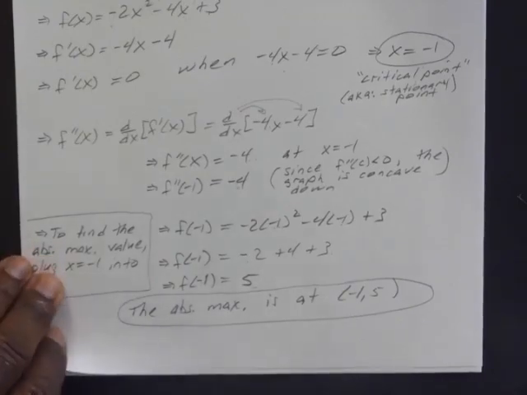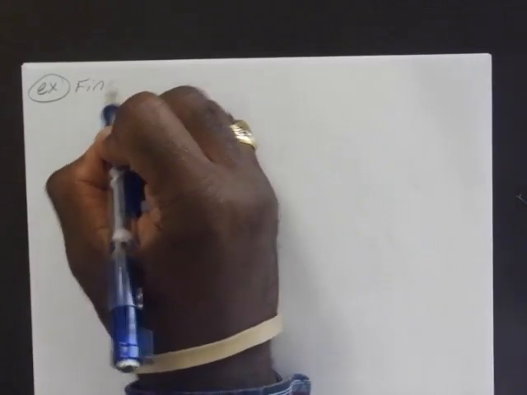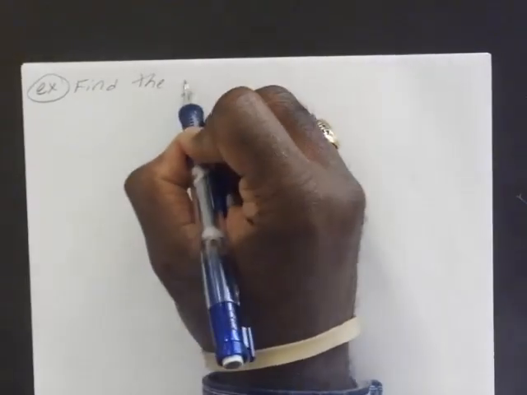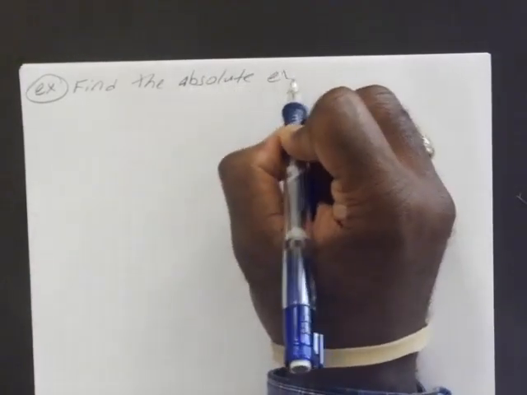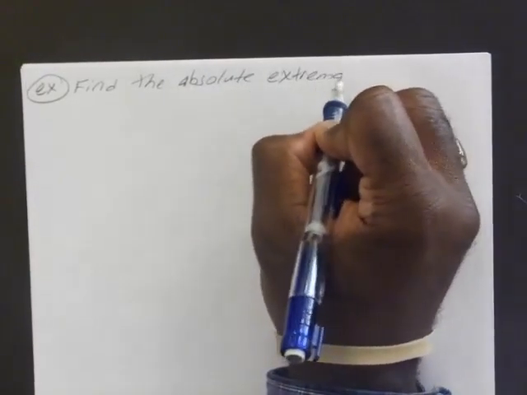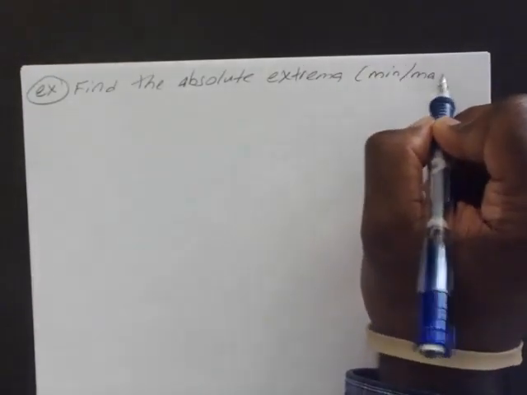Okay, looks like everyone's done writing. So let's say, for example, we wanted to find the absolute extrema. And remember, that just means your minimum and or maximum.